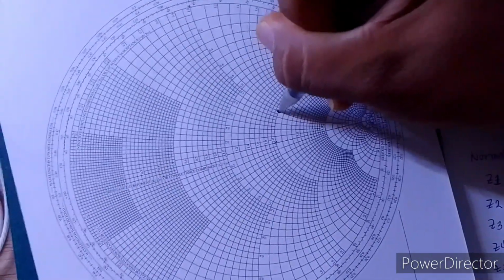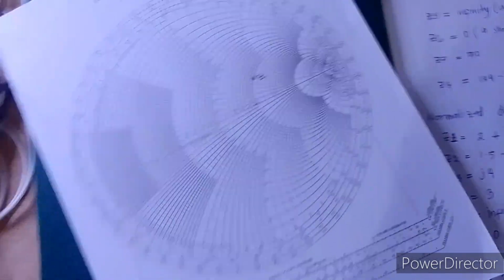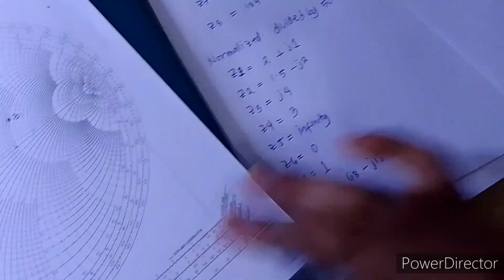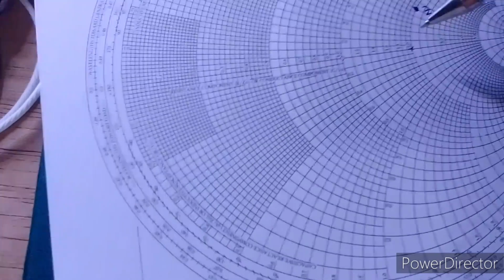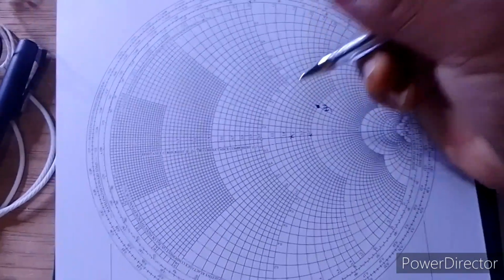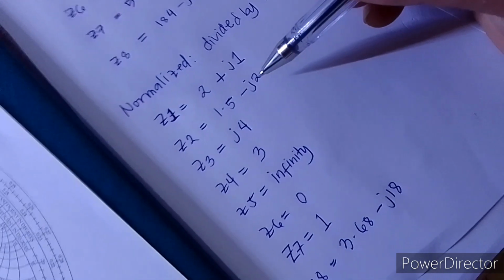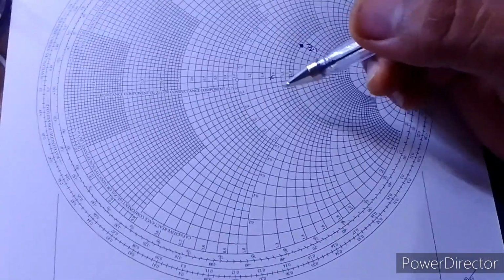So this is our Z1. Next we're going to plot the impedance Z2, which is 1.5 minus j2. We're going to locate here the 1.5, which is this. Since this is a negative j2, we're going to locate the 2 at the negative hemisphere, or the lower hemisphere.